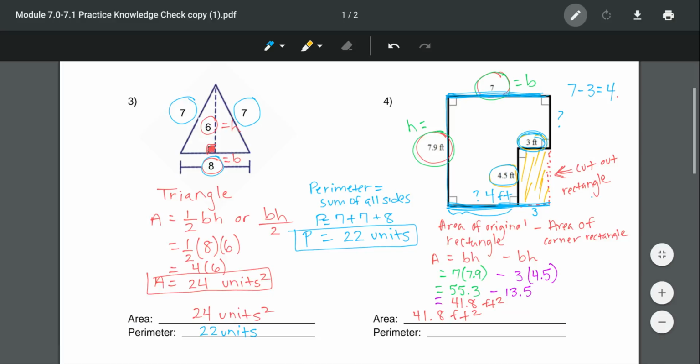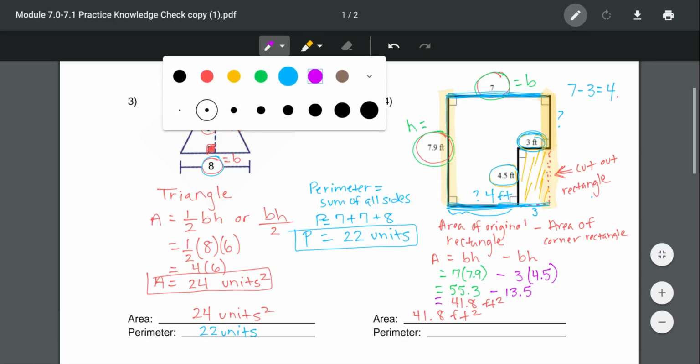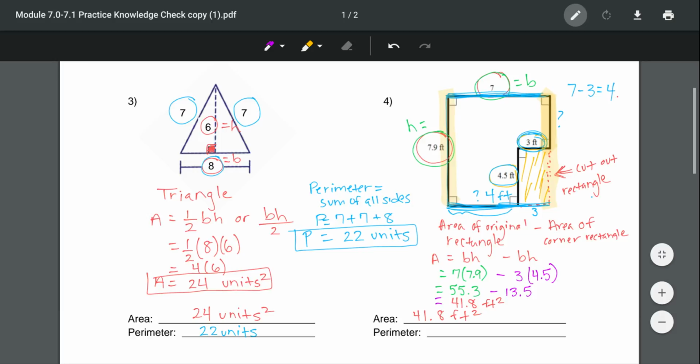Okay, and now to figure out this missing length, notice that the original height was 7.9, so it means the original height on the right side had to be 7.9 as well. So to get that missing piece, we would have to take 7.9 minus the 4.5 feet here, because if this length is 4.5, that means this original outer length was also 4.5.